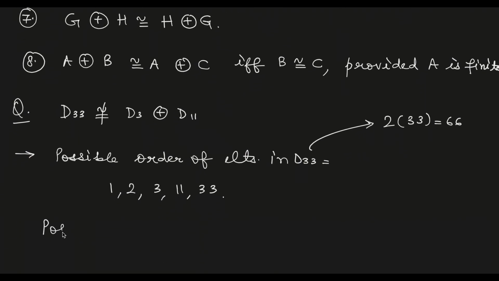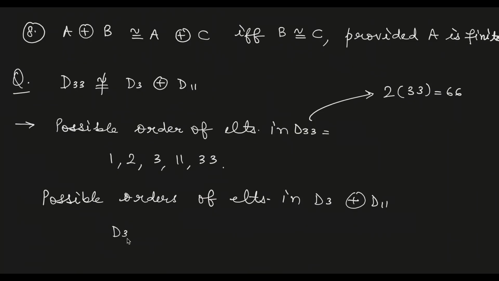And possible orders of elements in D3 direct sum D11: D3 order will be 6, so possible divisors are 1, 2 and 3, and for the second one, it is Z11.